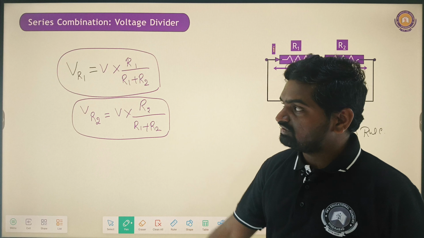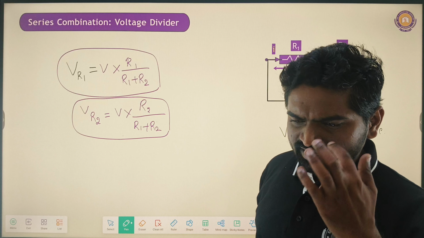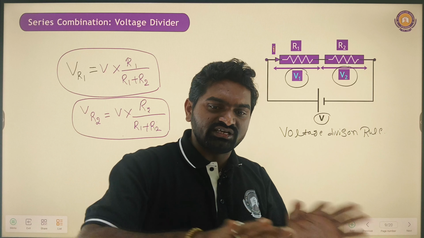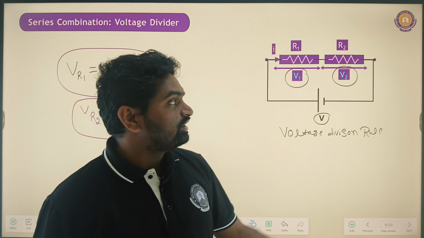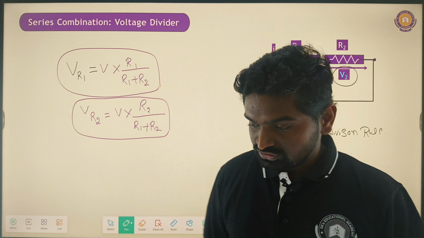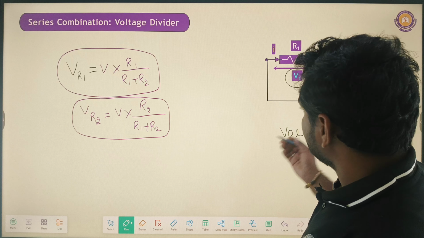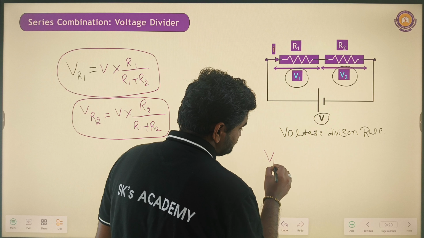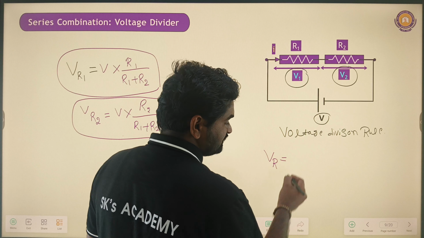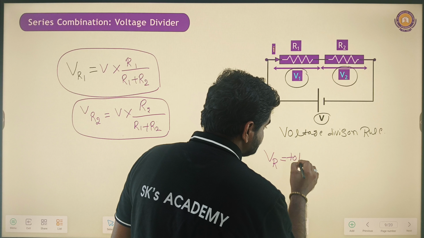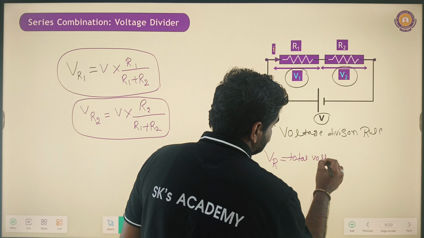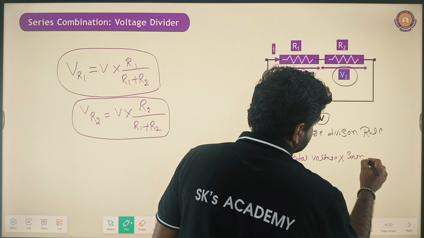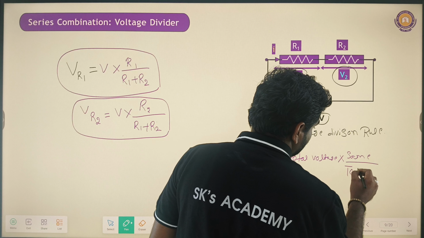So voltage at R1 is equal to total voltage into, whichever resistance you want the voltage at, that resistance by total resistance. This is the voltage division rule. So in general form we can write: voltage at the resistance you want is equal to total voltage into same resistance by total resistance.